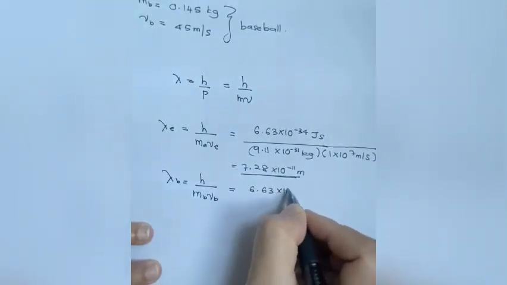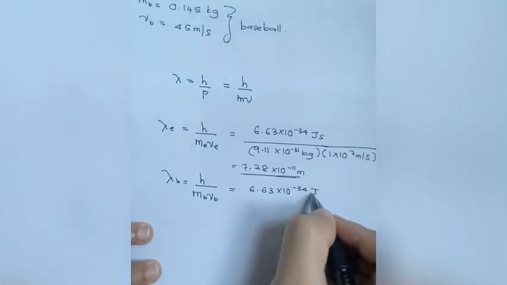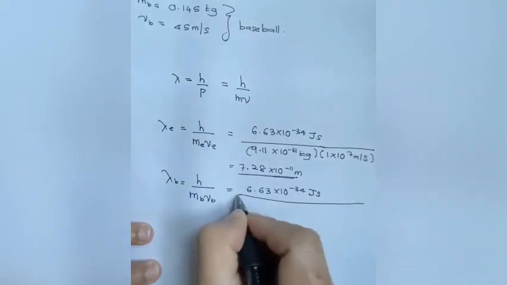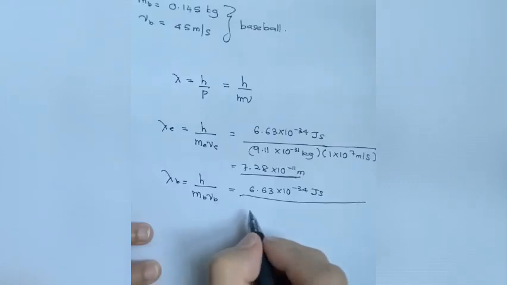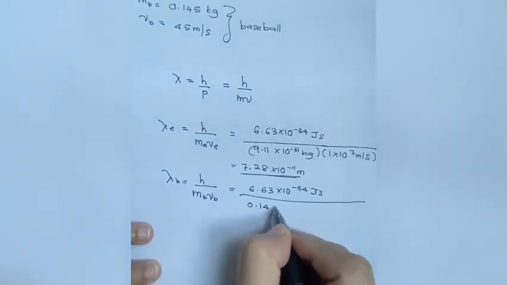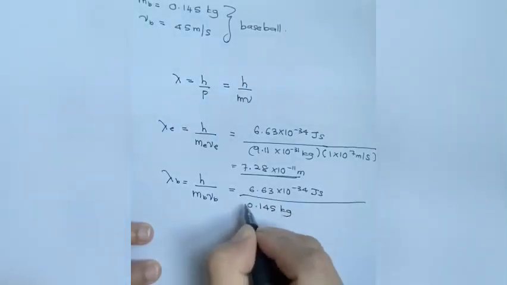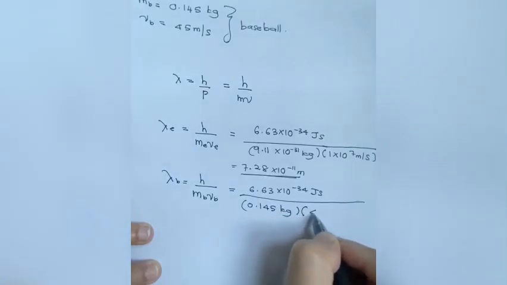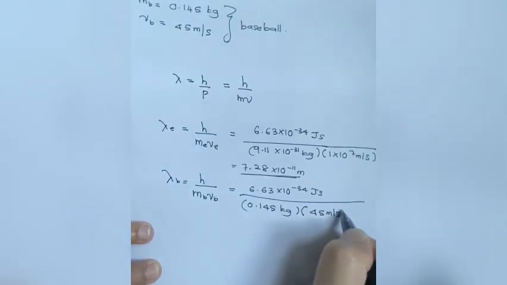For the baseball, 6.63 times 10 to the power of negative 34 joule second, divided by the mass of the baseball, 0.145 kg, times 45 meters per second.